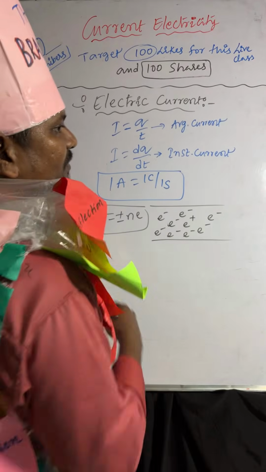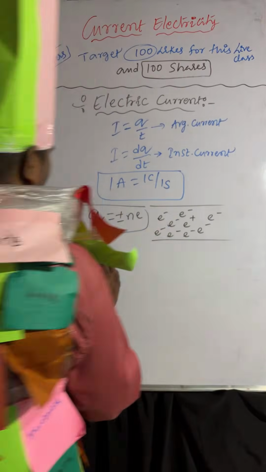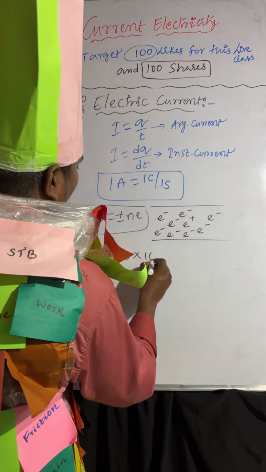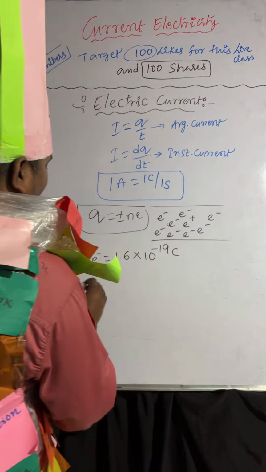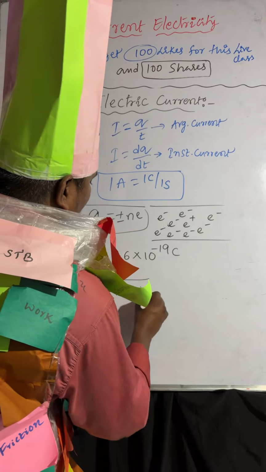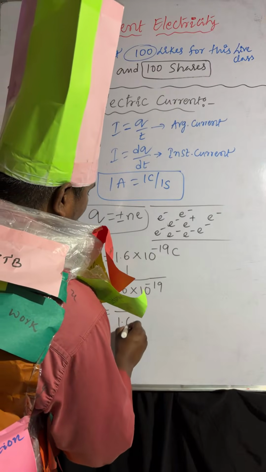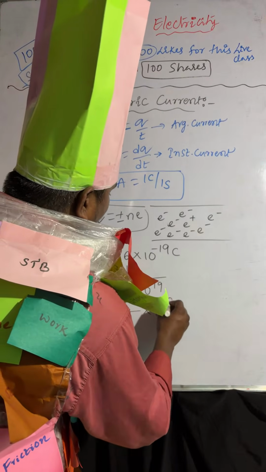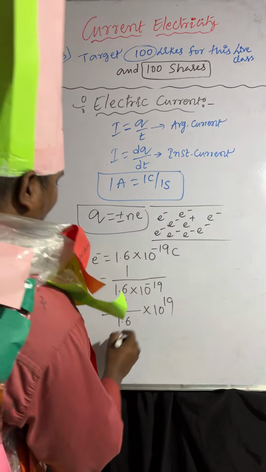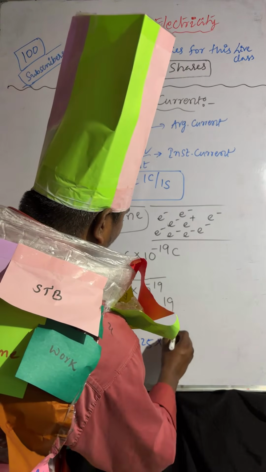Here, n is the number of charges. Understood or not? On one electron, the charge is 1.6 into 10 power minus 19 coulomb. In 1 coulomb, the number of electrons is 1 by 1.6 into 10 power minus 19, that is 1 by 1.6 into 10 power 19. If you solve this, you'll get 0.625 into 10 power 19.